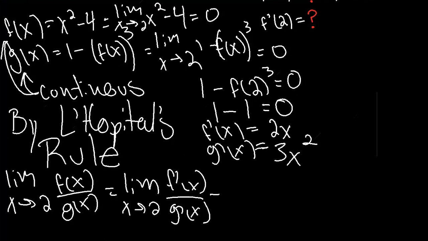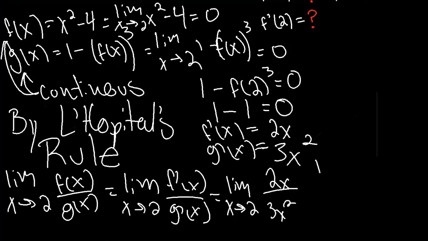So now that we have this, we can just do the limit, and therefore the limit as x approaches 2 is going to be equal to 2x over 3x squared, right?